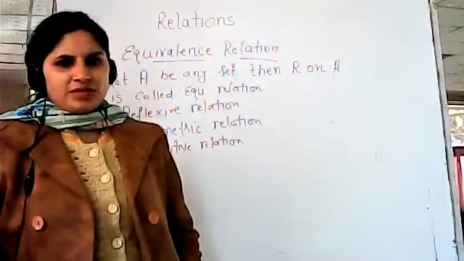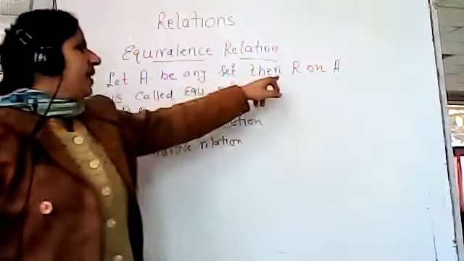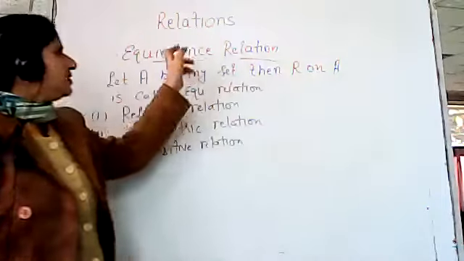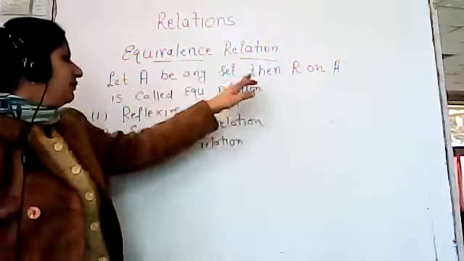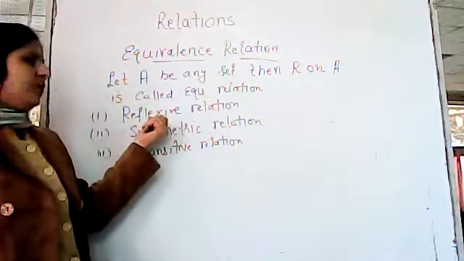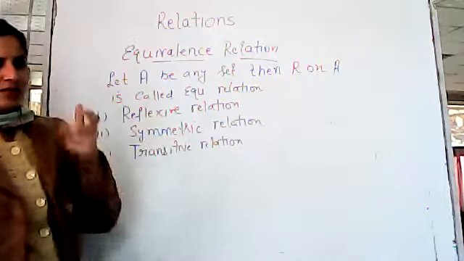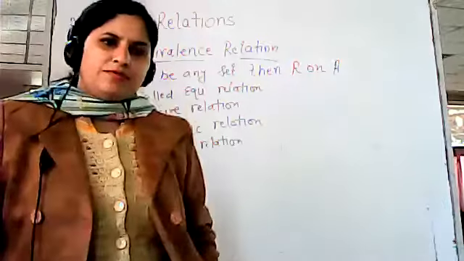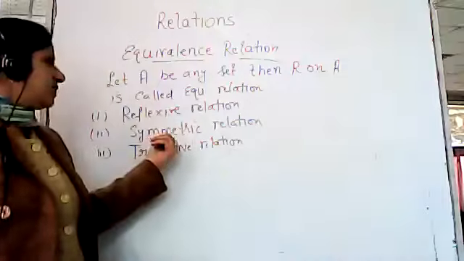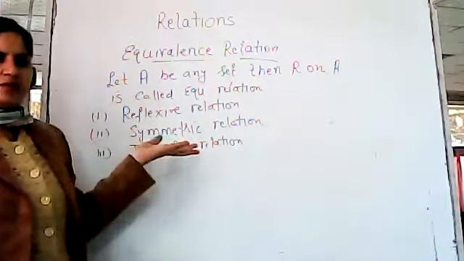If we are given a set A, and we have defined any relation R on this set, then when will this relation be an equivalence relation? If it satisfies these three properties. And what are the properties? Number 1, it must be reflexive. What is the definition of reflexive? Every element is related to itself. Second, it must be symmetric. What is the definition of symmetric?